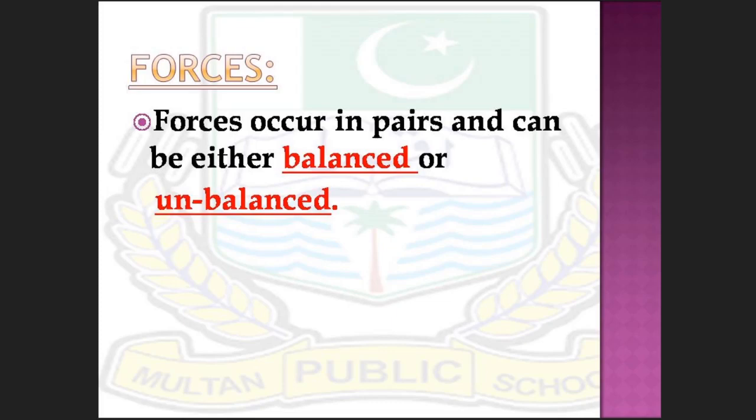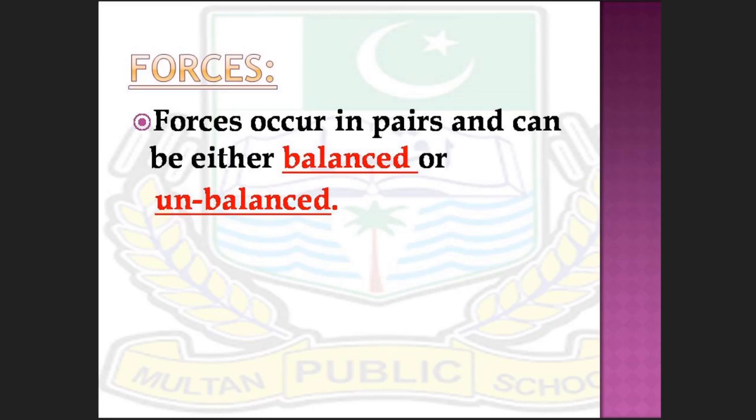Now, dear students, you know that force is the push or pull on an object with mass that causes it to change velocity or to accelerate. And we know that force is represented as a vector quantity, which means that it has both magnitude and direction.